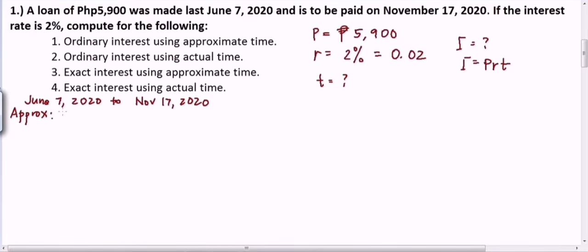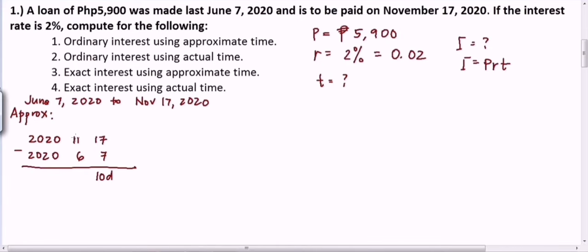So, di ba, alam nyo na mag-solve ng approximate and actual time. So, isulat ko na si November 17, 2020. So, November is 11, 17, and then 2020. So, June is 6, and then day is 7. Okay? So, naka-days, months, and then years. Okay? So, subtract muna natin yung days. So, 17 minus 7, that is 10.